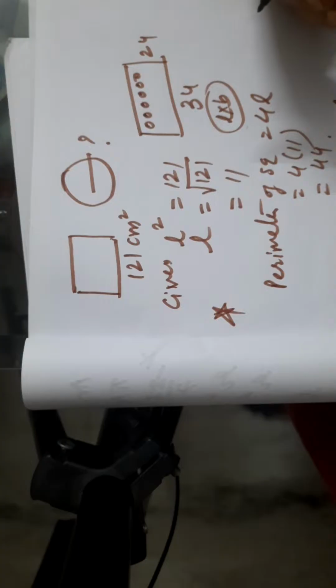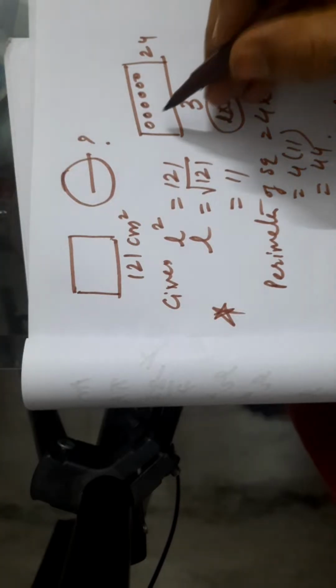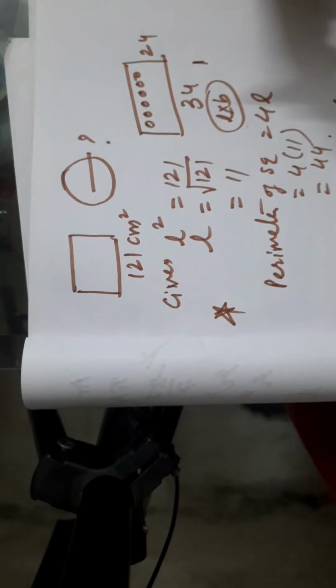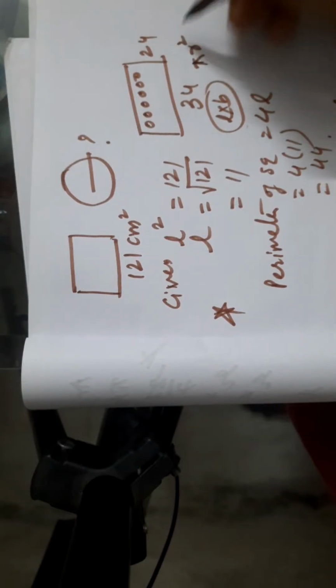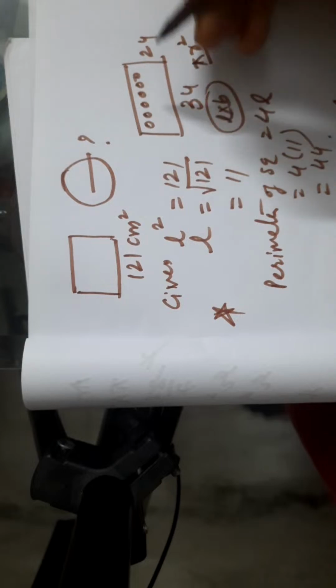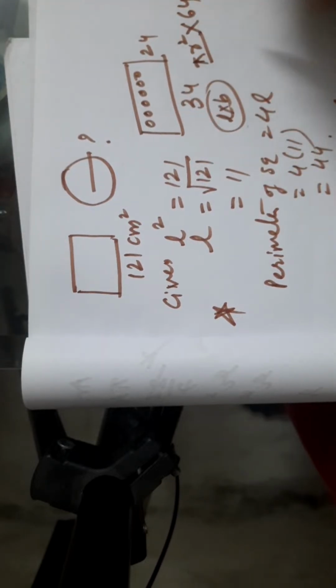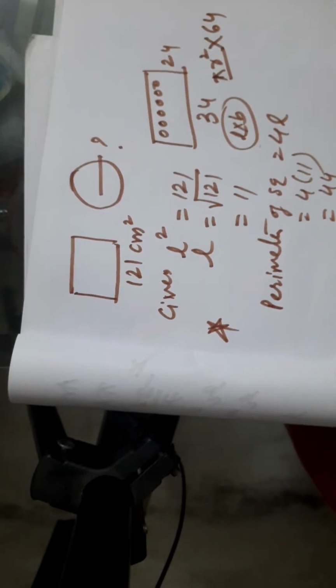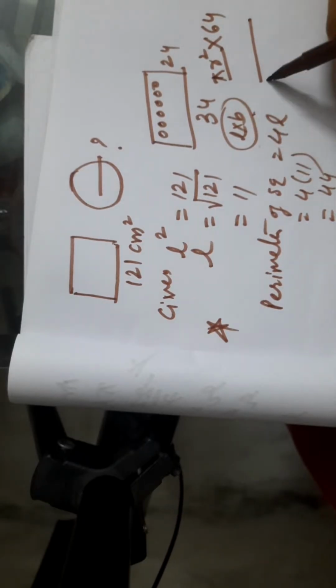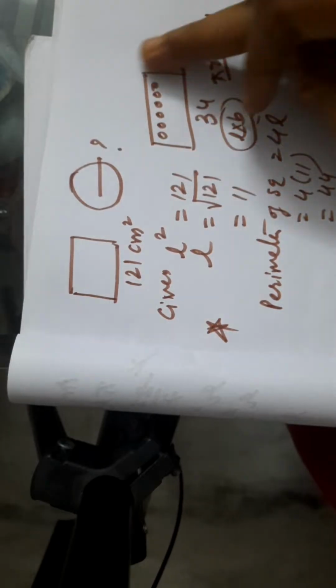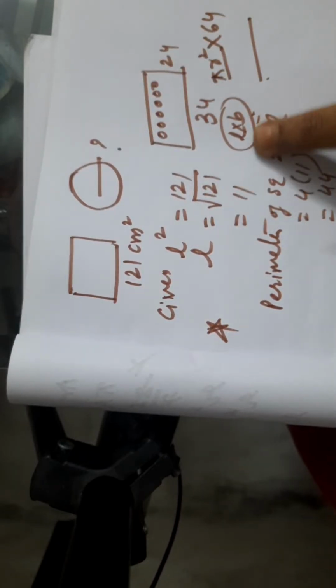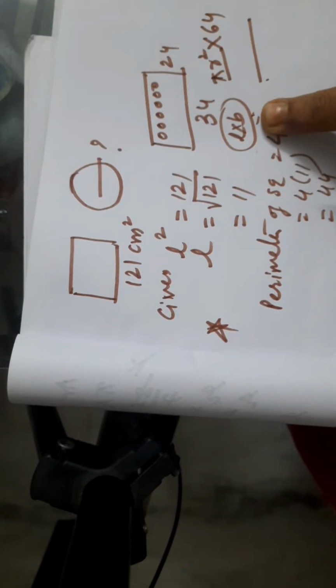Diameter of one button is given, 3.5. So find out the area of one circle, that is pi r square. Whatever you get for one circle, multiply by 64 because 64 buttons are there. After calculating for 64, subtract both answers. Here the rectangle is the bigger one, so you will get a larger value for L into B, the area of the rectangle.